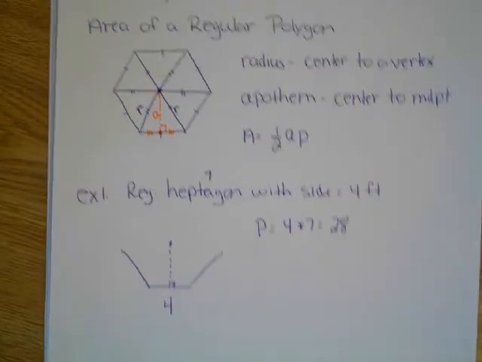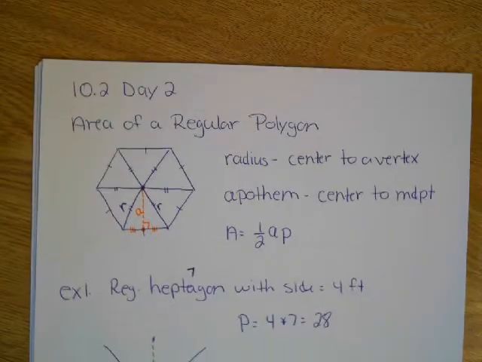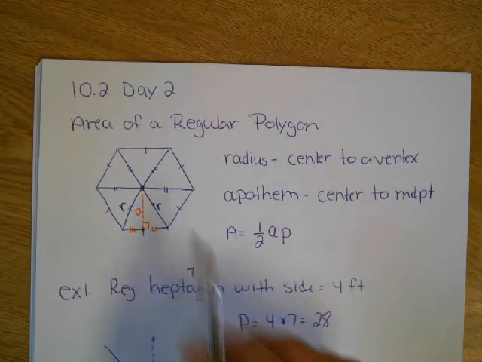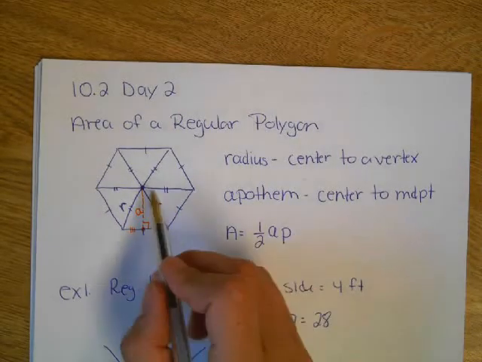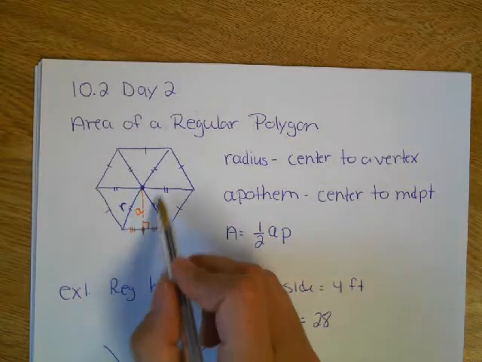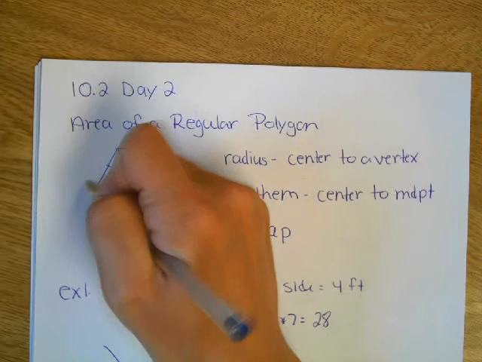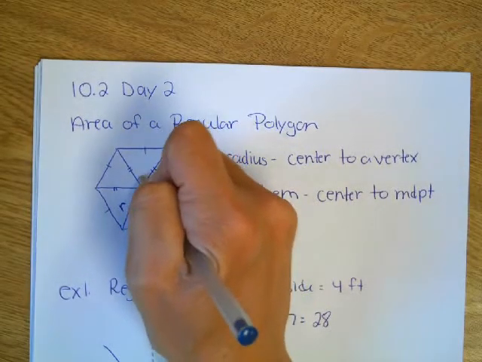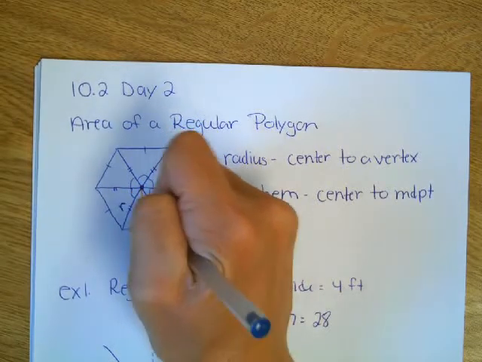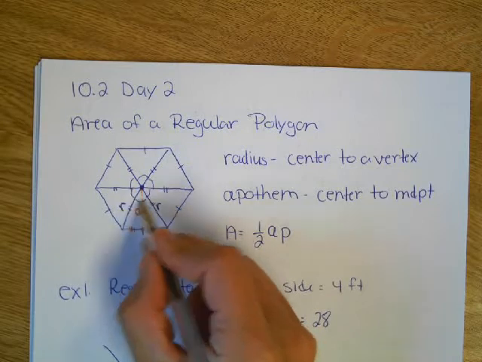Oh, I know what I forgot to do up here. Dang it. I've got to come back. Here's the key. Back here, we're going to be doing some trig stuff, which means we need to know an angle. Remember, these triangles are all going to be congruent to each other. So if we think about at the center, no matter how many sides I have, if I was to add up all of the angles at the center, those would add up to 360.